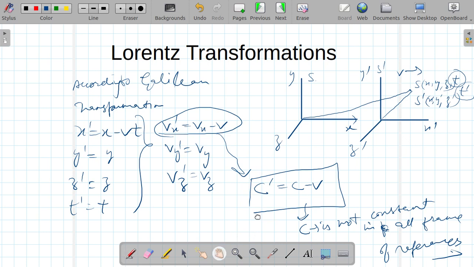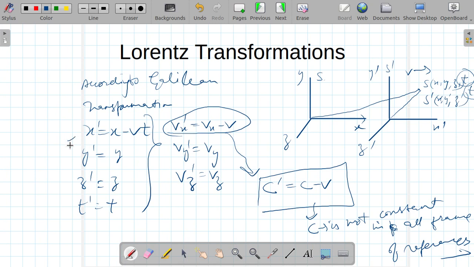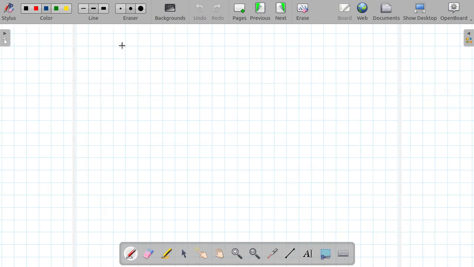Now what Lorentz did, he introduced some constant here, and this leads to modification of these equations. I am not going into the derivation of Lorentz transformation. This is beyond the scope of this course. But let me start with this Galilean transformation.